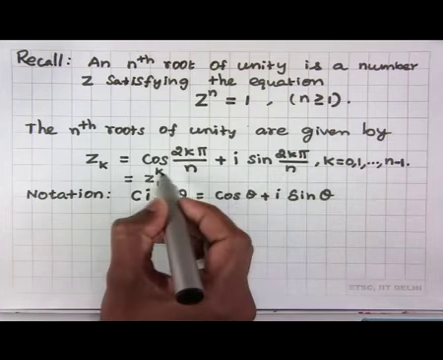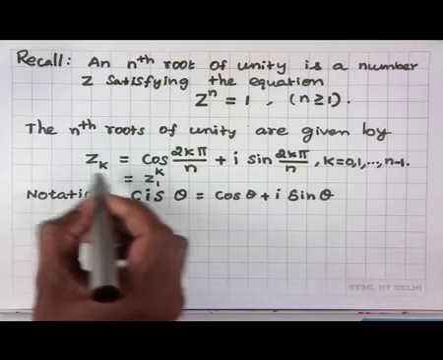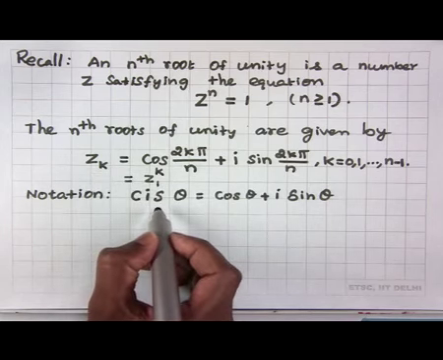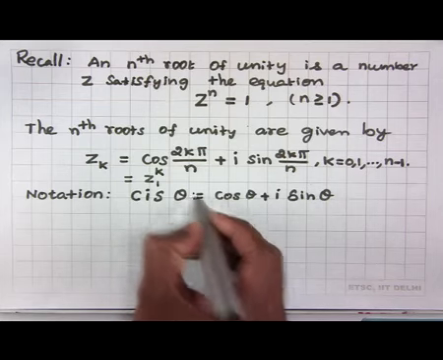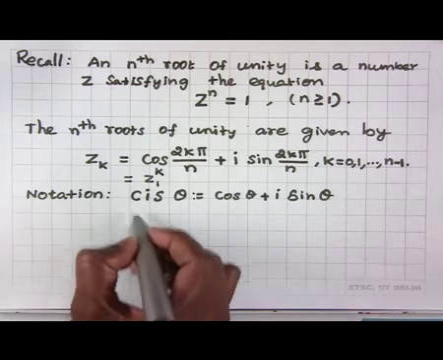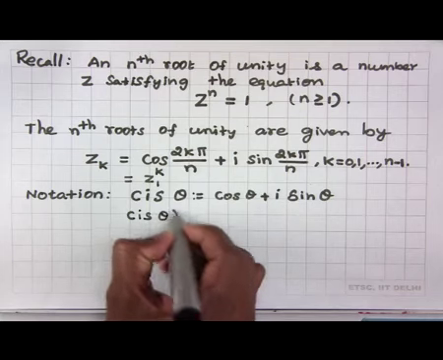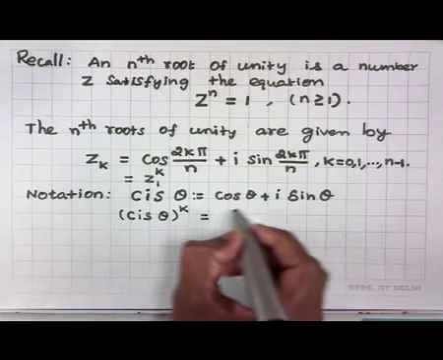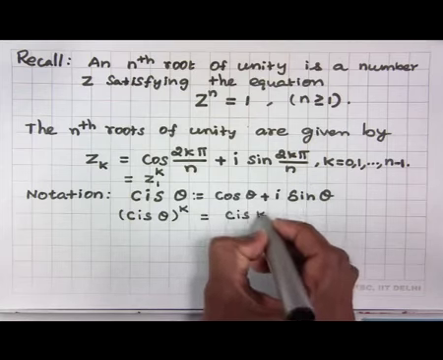Now, take its power k, which generates the other nth roots of unity, and for convenience we will introduce the notation cis theta, which is defined as cos theta plus i sin theta, and if we take its power k, just by de Moivre's law, we see that this comes as cis k theta.